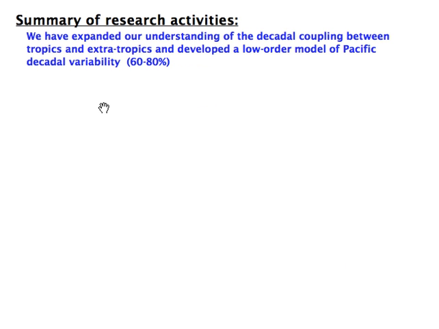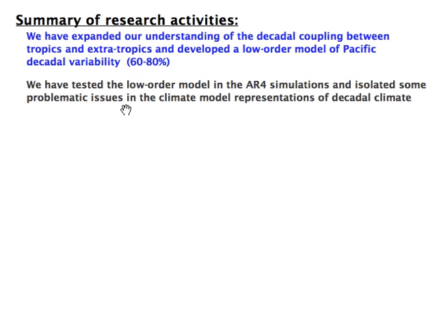So to summarize our research activities, we have expanded our understanding of the decadal coupling between tropics and extratropics and developed a low-order model of Pacific decadal variability, which in a study that we're currently completing, we can show explains about 60 to 80% of the decadal variability of the North Pacific. We also have begun to test the low-order model in the AR4 simulations and isolate some problematic issues in the climate model representations of the decadal climate.